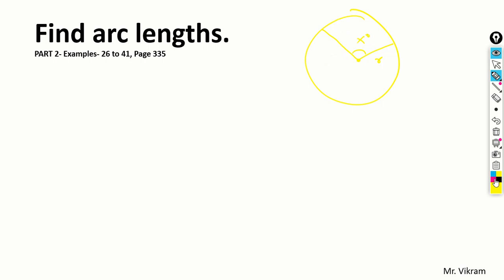So this arc length here is, let's say, L. How will we find the arc length L? The formula for this is arc length L is equal to x divided by 360 times 2 pi r.